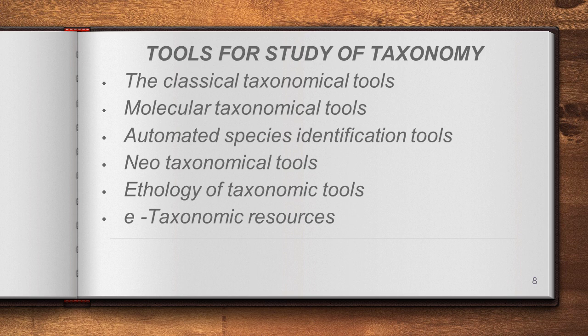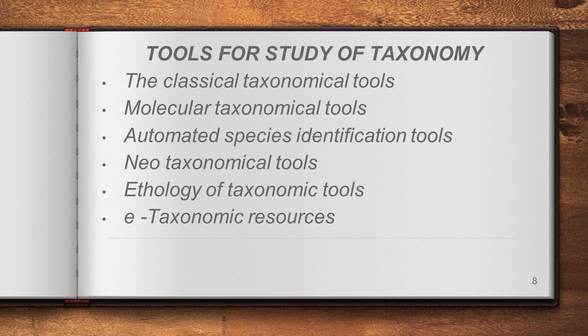What are the things helping to identify an organism or a species? That is what we call tools for the study of taxonomy. Here a few tools are displayed. Let us see them one by one.